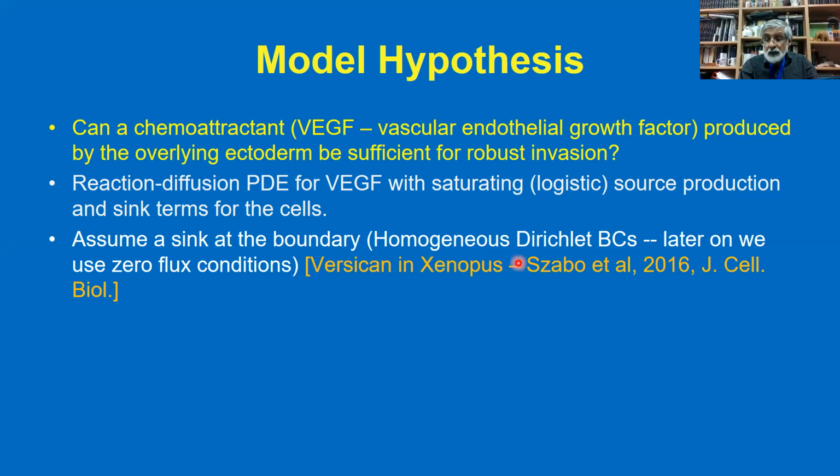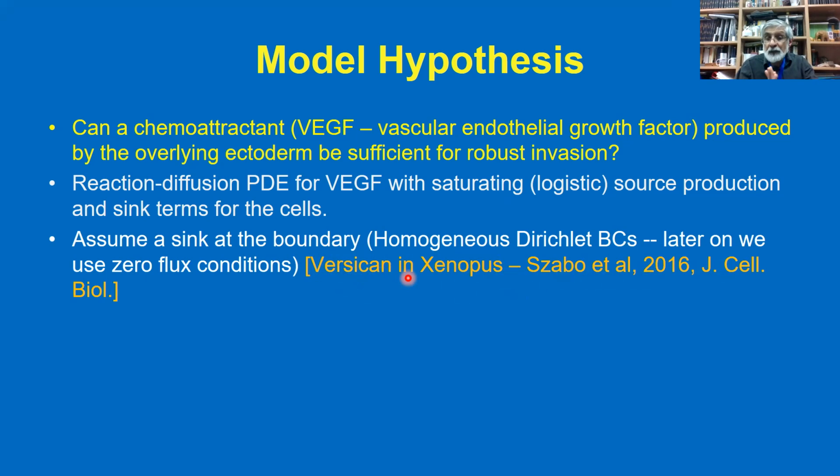We need boundary conditions. Now, it was known already 6 years ago that in Xenopus, this thing here was present, versican, which acts as a repulsive thing so that you could have zero flux boundary conditions.